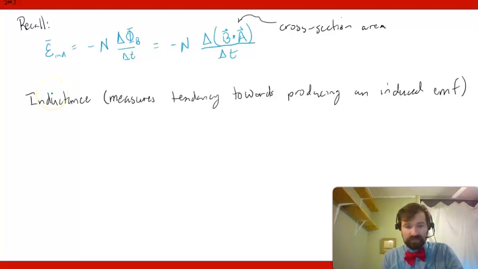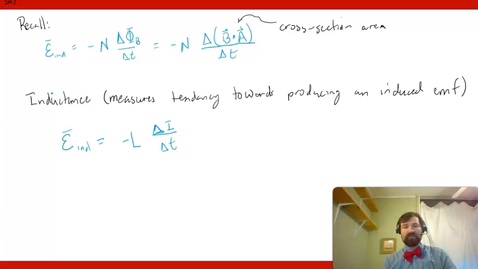And this inductance was defined in such a way that we could replace these weird rate changes of fluxes with instead a simple inductance term times the rate change of the current passing through our device, rather than figuring out magnetic fields.